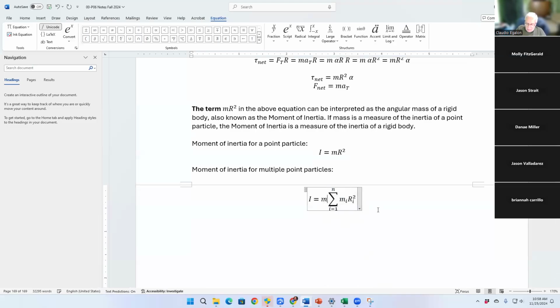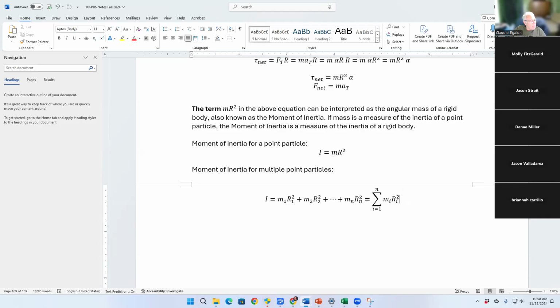So spelling it out, m1 r1 squared plus m2 r2 squared plus 1, 2, 3 plus mn rn squared, yeah, like that. So in shorthand, we write like that. That's what we get for multiple point particles.